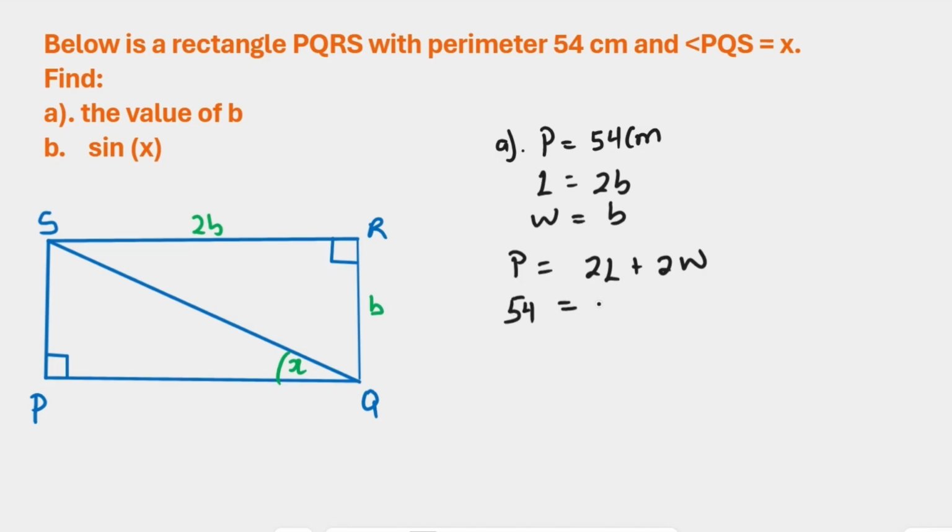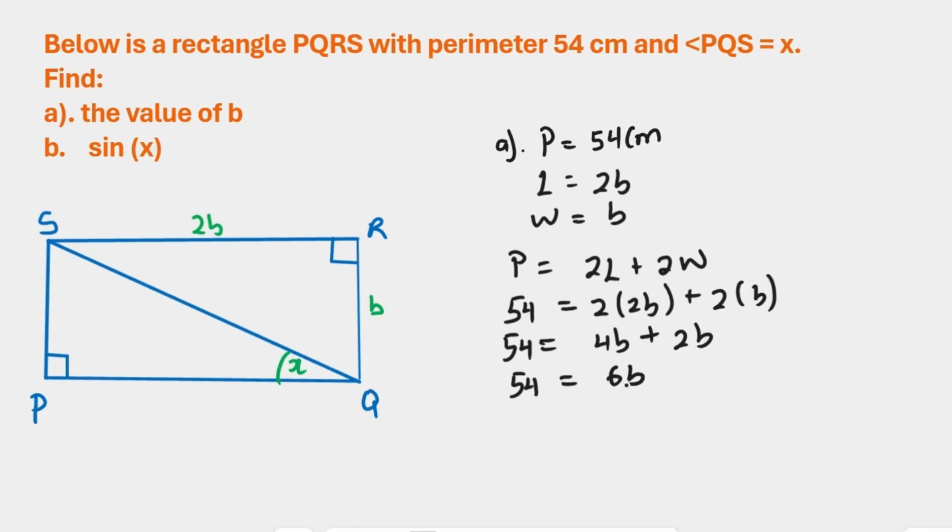Now, the length is 2b, so that's going to be 2 times 2b, and the width is b, so we have 2 times b. So we can just simplify to get, 2 times 2b is 4b, and 2 times b is going to be 2b. So we have 54 equal to 6b.